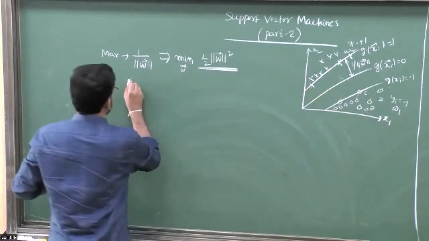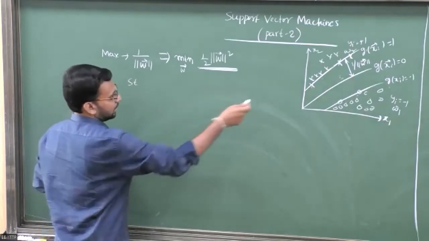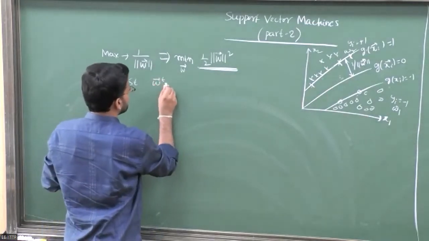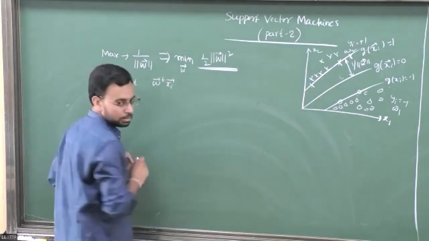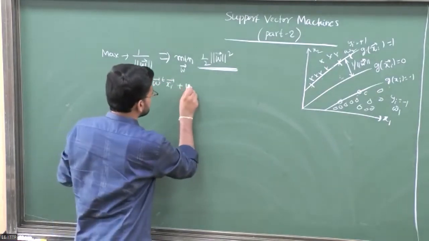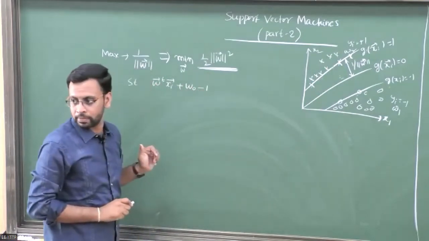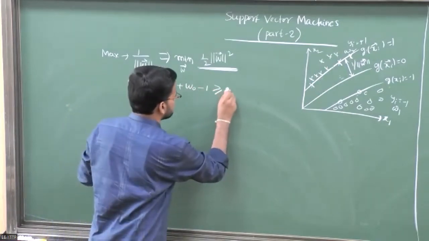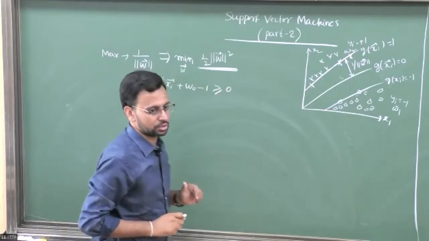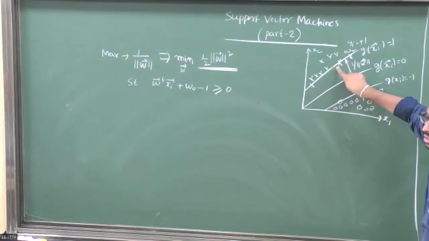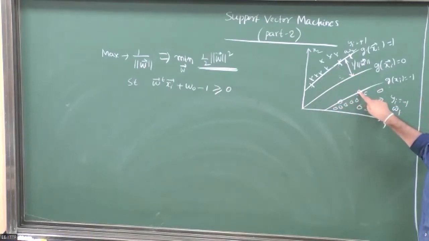So subjected to the constraint that, how do you compute g of x bar there? W bar transpose into xi bar plus W naught -1 should be, very good, greater than or equal to 0, for those points which are there on these lines.